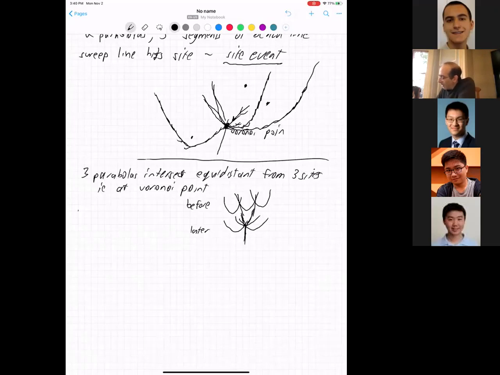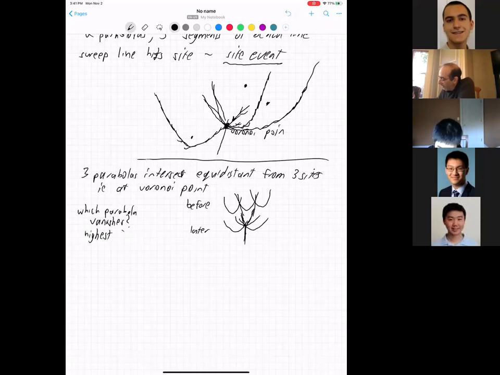Now let me ask, which parabola vanishes? Right, we have this intersection of three parabolas. And it appears that one of them vanishes. So which one is it? Well, it's the one with the highest focus because of our derivatives argument, right?